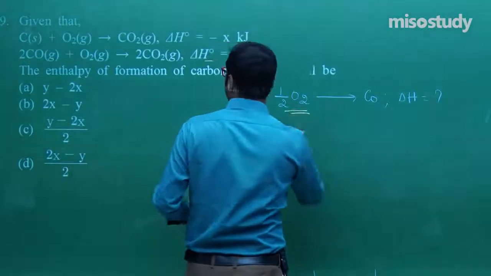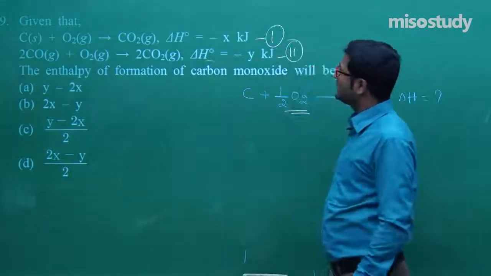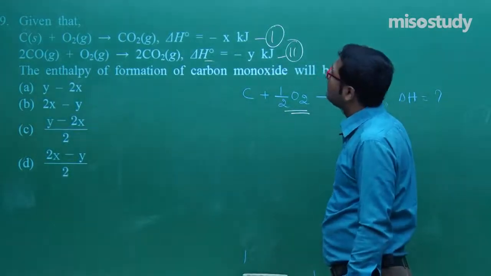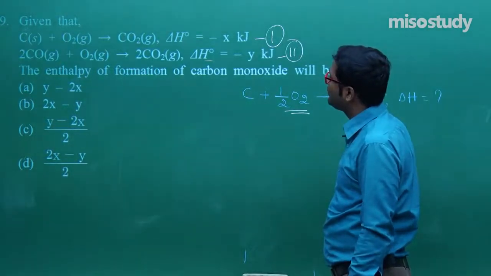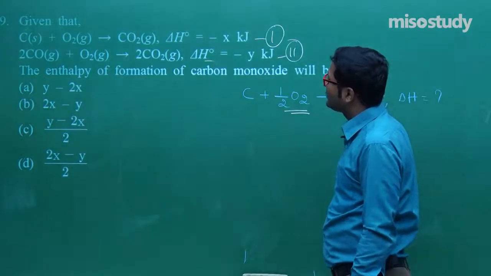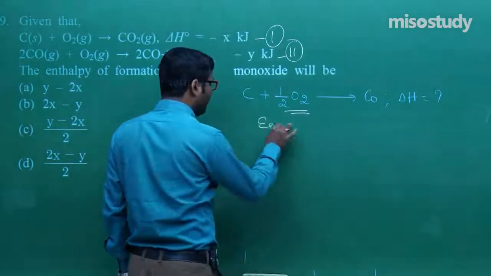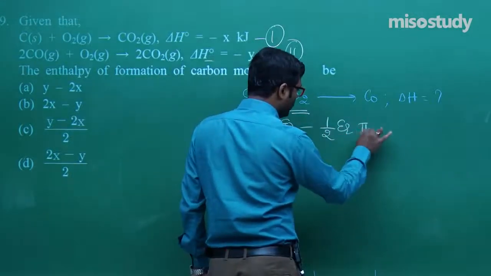Then what to do? Take this as equation 1 and take this as equation 2. Now what will happen? If I subtract equation 2 from equation 1, let's check it out. Equation 1 minus 1 by 2 equation 2.